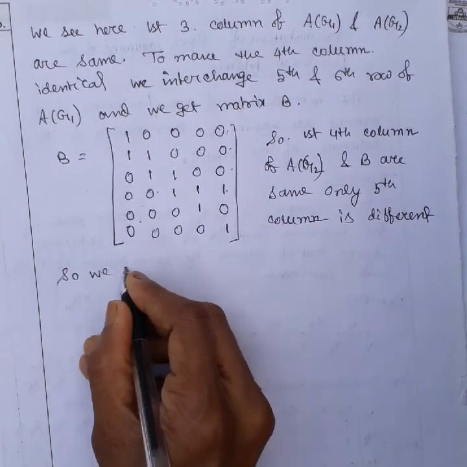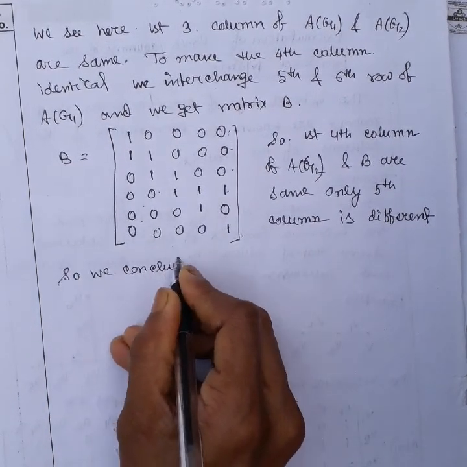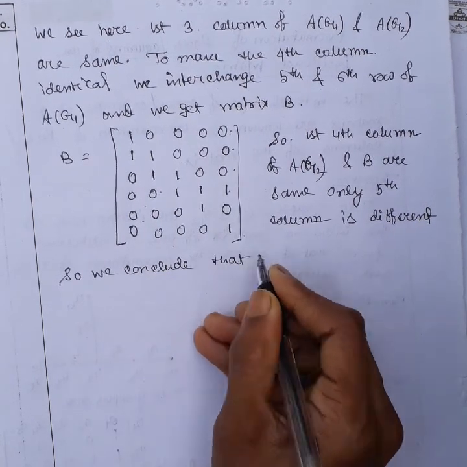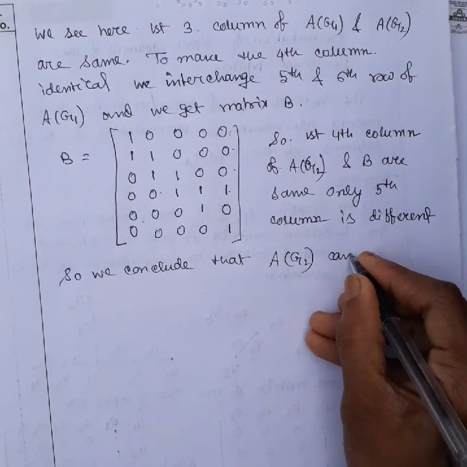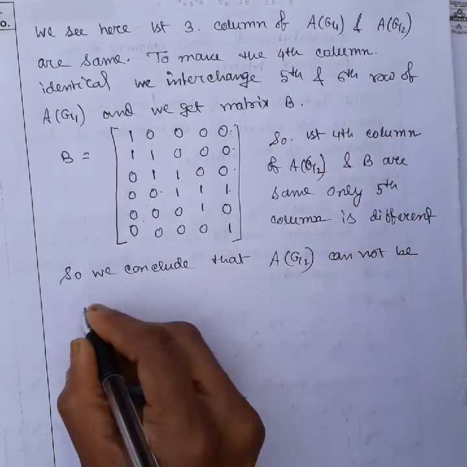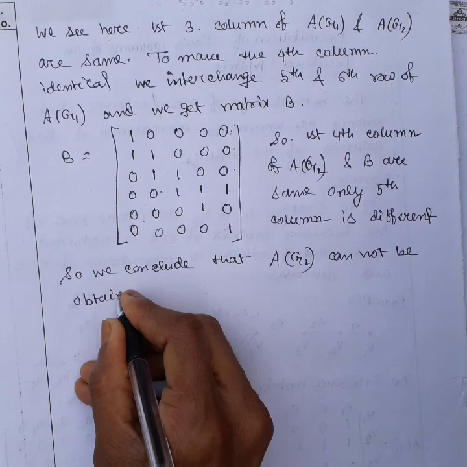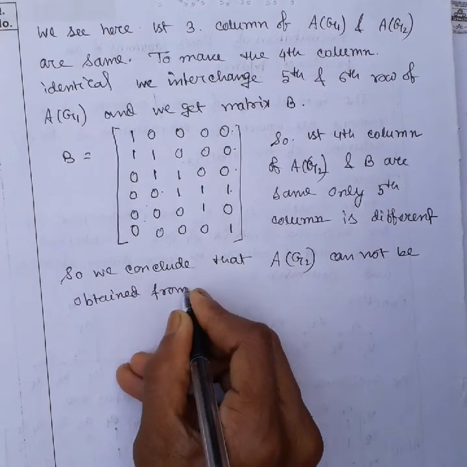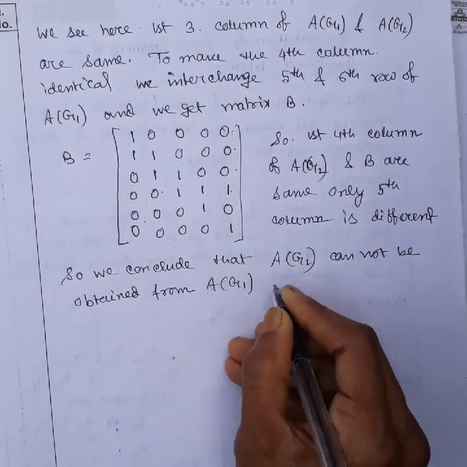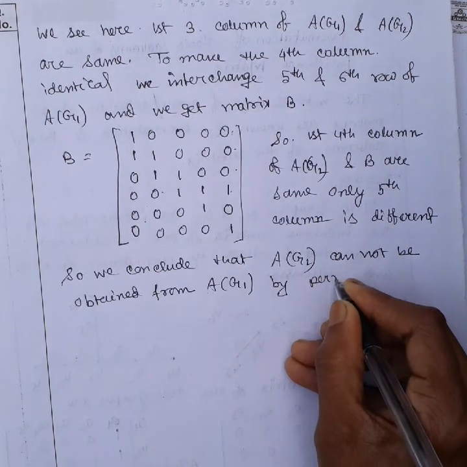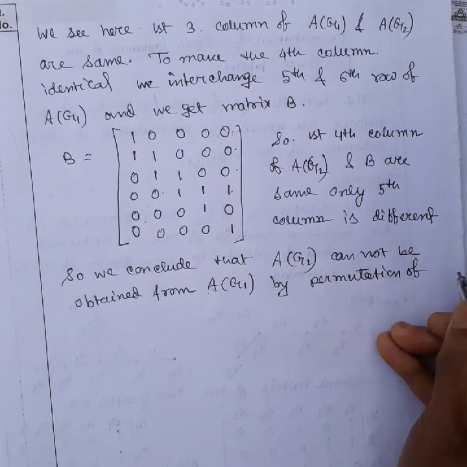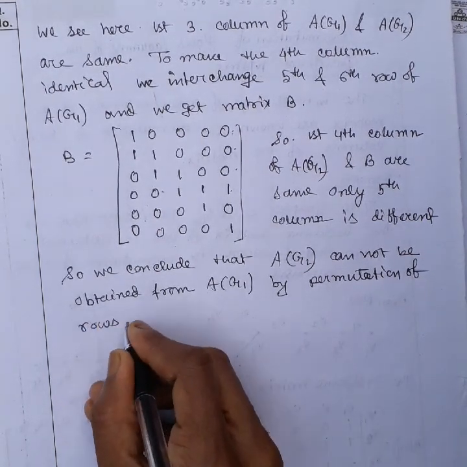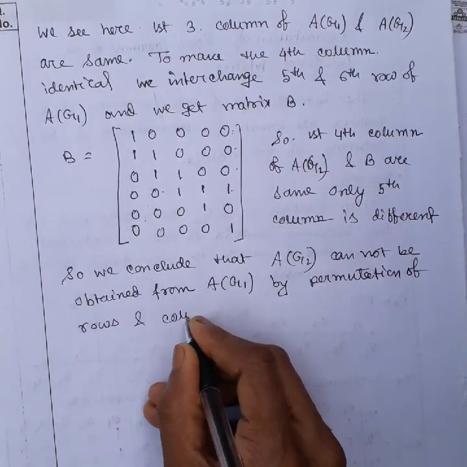So we conclude that A(G2) cannot be obtained from A(G1) by permutation of rows and columns.